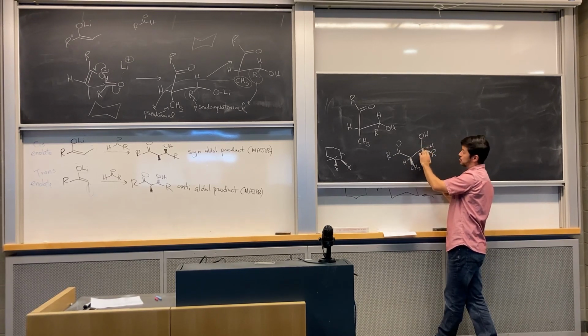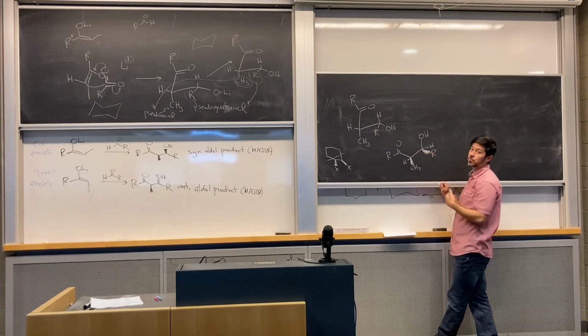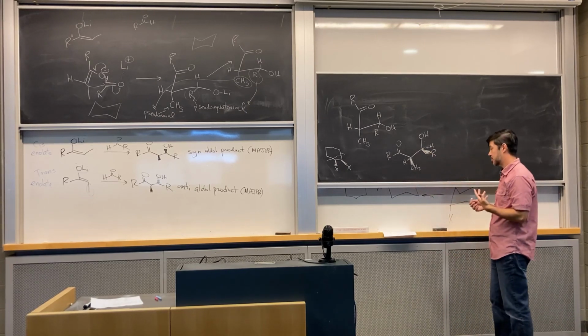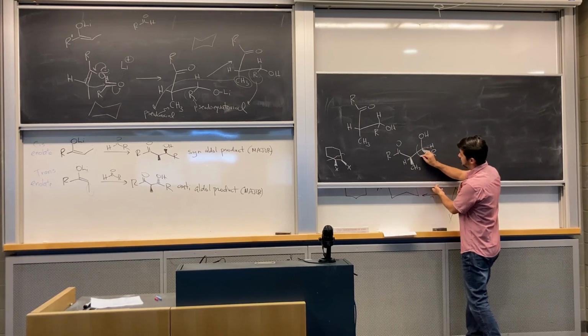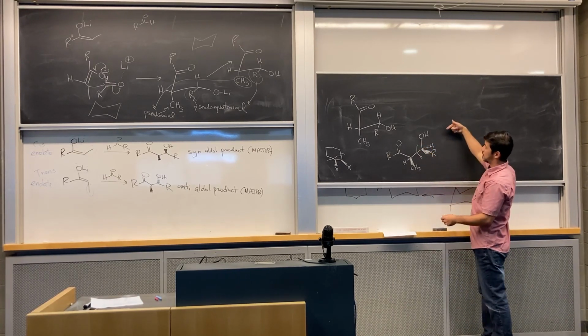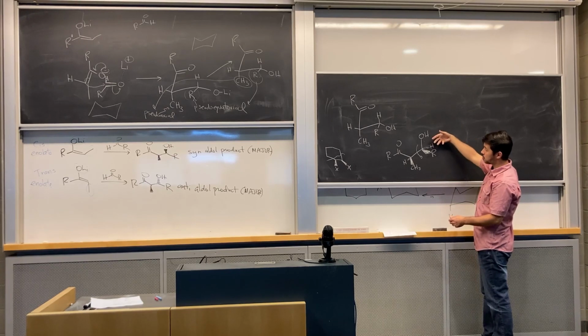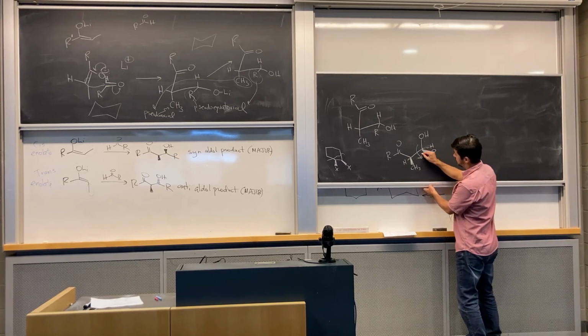So what we need to do is rotate this group so the R group is in the plane of the page. So how are we going to rotate that? We're going to take this bond here, and imagine if you're looking at it this way, and we're going to rotate this just 60 degrees in this orientation.